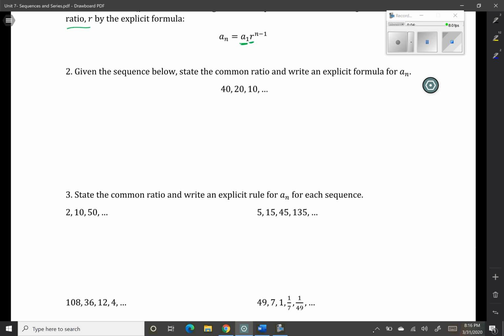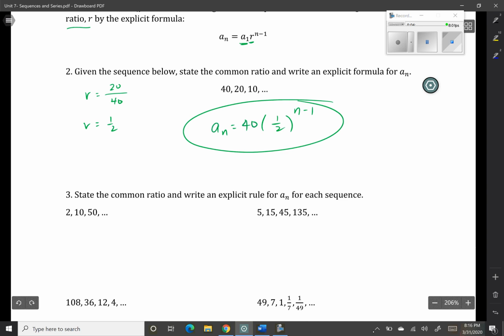If you can't see that visually, just say the common ratio is the second term divided by the first term. So the common ratio is 1/2. So any term of this sequence is going to be the first term times that common ratio to the n minus 1. Hey, look at that.